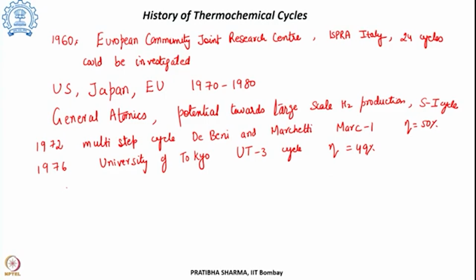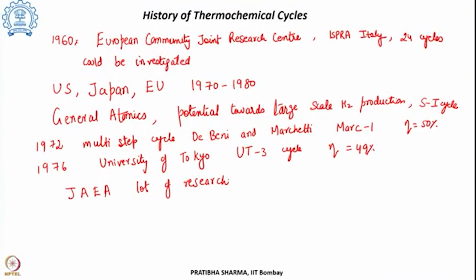It was followed by work by Japan Atomic Energy Agency. A lot of research was being carried out. Most of the research on thermochemical cycles was at the time of the 1970s when oil price shocks were seen. Thereafter, when the prices of fossil fuels reduced, the interest went down.